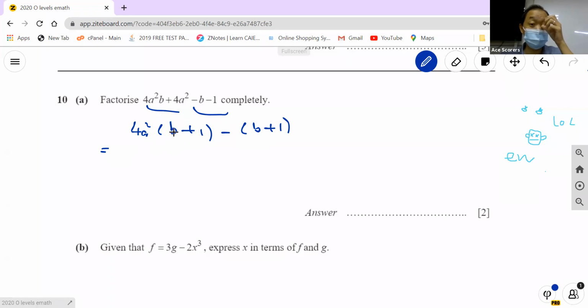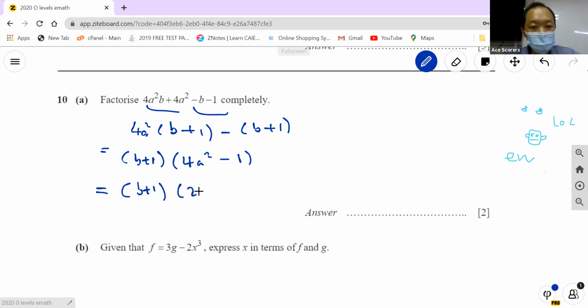Then here take out b plus 1: b plus 1, 4a squared minus 1. So this is equal to 2a minus 1, 2a plus 1. Yes, final answer.